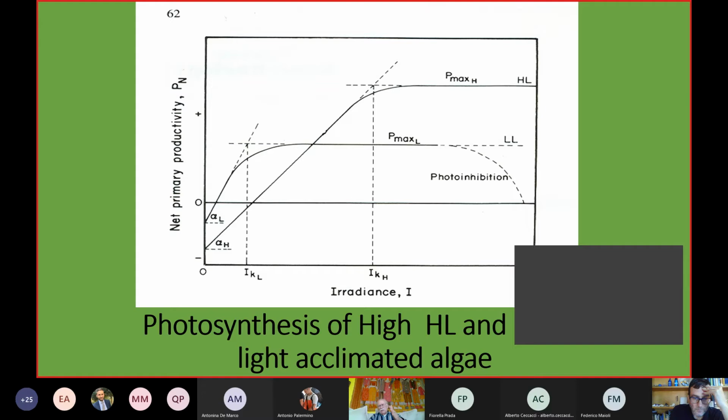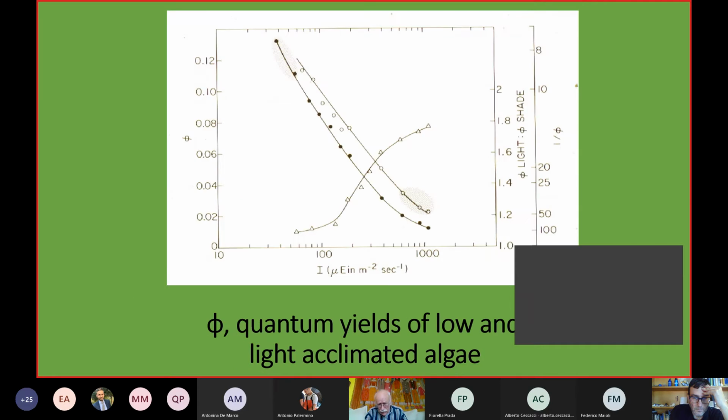So that very basic photophysical factor translates into direct economical calculations. And here you can see algae growing at different light intensities, and look only at the line with the black dots.